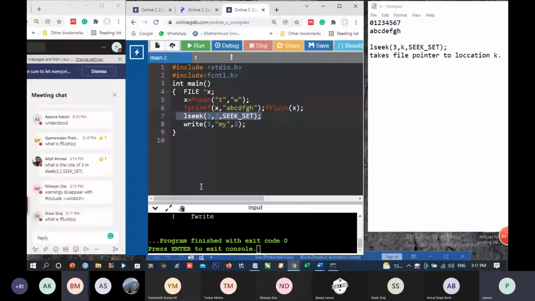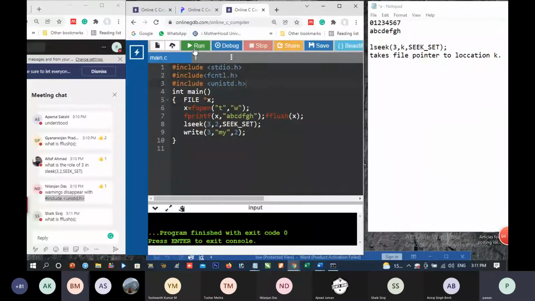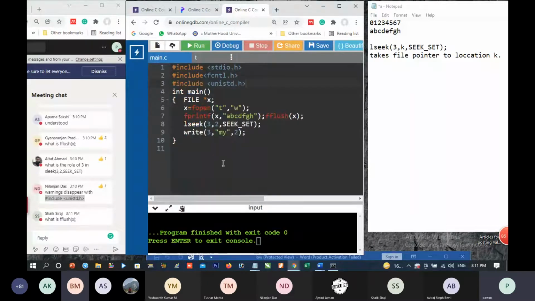Yes, the warning disappeared. Correct. F plus clears the buffer. Is it correct? Yes.